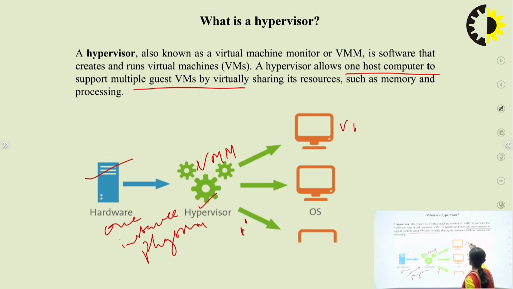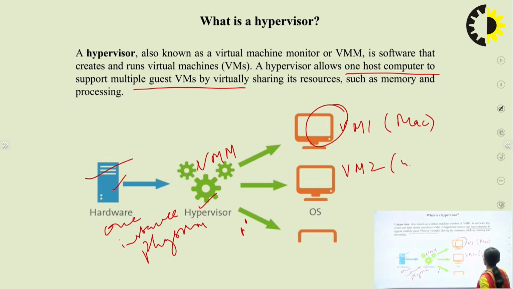For instance, this is my VM1, this is my VM2, and all these are virtualizations of this hardware. On these various virtual machines, different operating systems can be running. For example, here we could have a Mac, here we could have Windows, and so on.